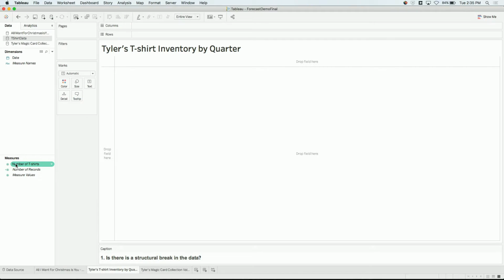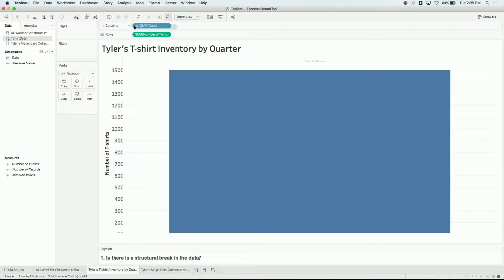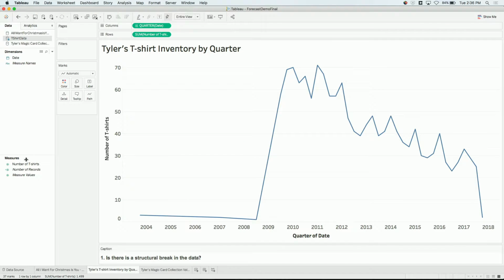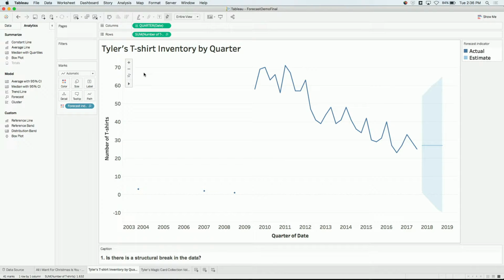So she took my data, placed number of t-shirts on rows, date on columns at the quarter level, and then she went to the analytics pane, dragged out a forecast, and boom. The number of t-shirts I have looks to remain constant for the foreseeable future.